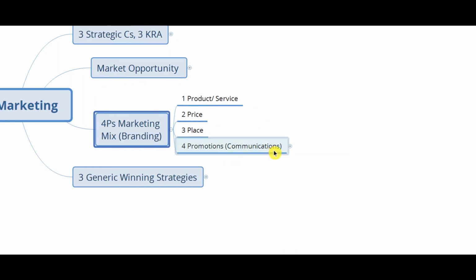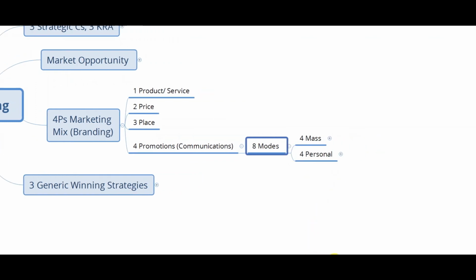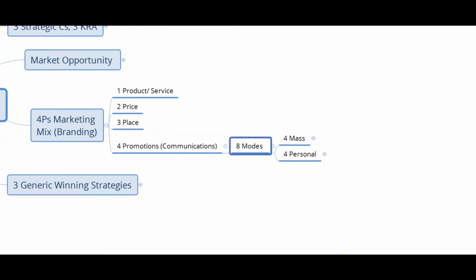Okay, so of the 4 Ps, the only one elaborated in the I Love Marketing model is the promotions, and it's useful to remember that there are 8 modes of marketing communication, which is further divided into 2. 4 are mass communications and 4 modes are personal communications.